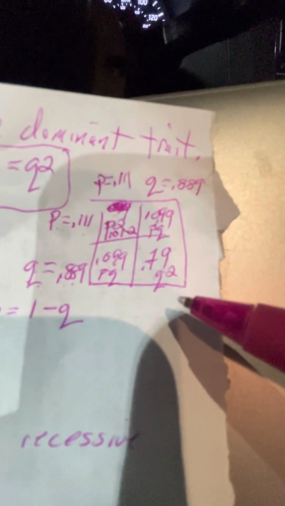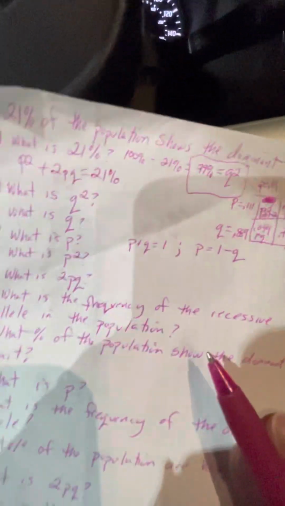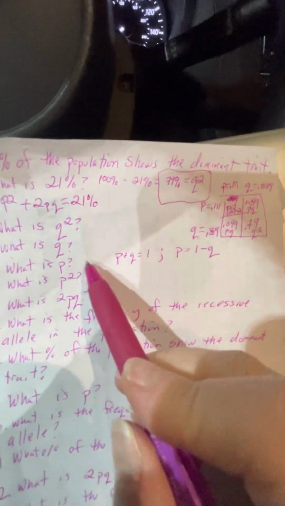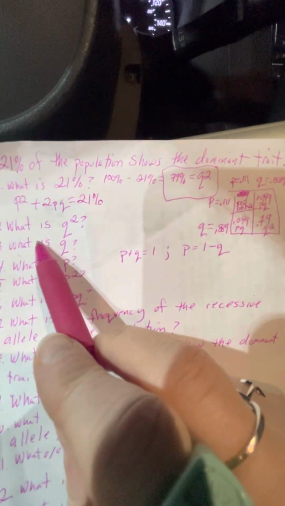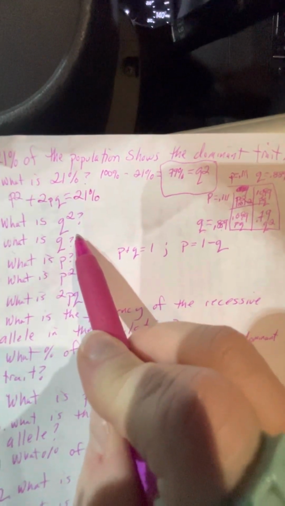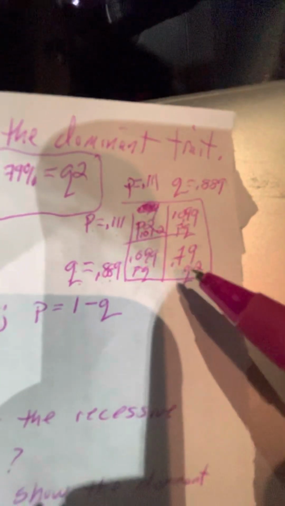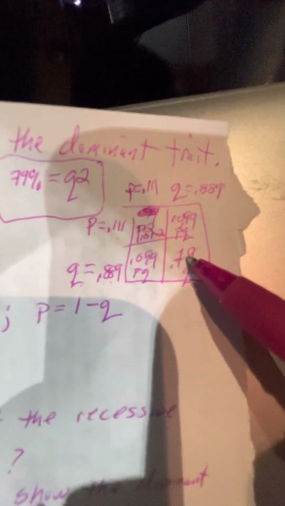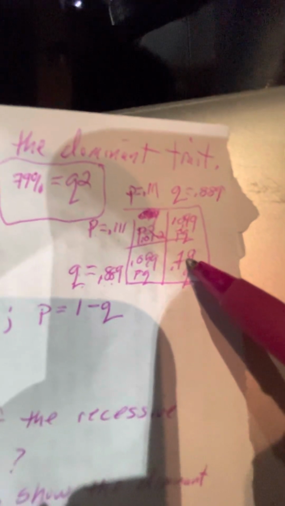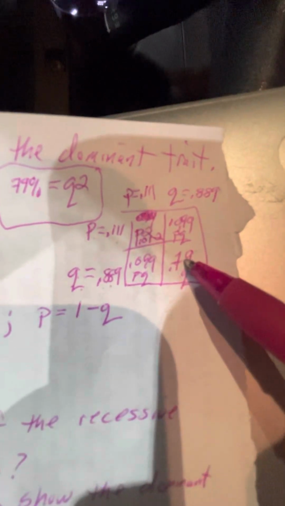I'm going to give you a series of questions. First off, what is Q squared? When I go back to my Hardy-Weinberg Punnett square, Q squared is 0.79 or 79%.